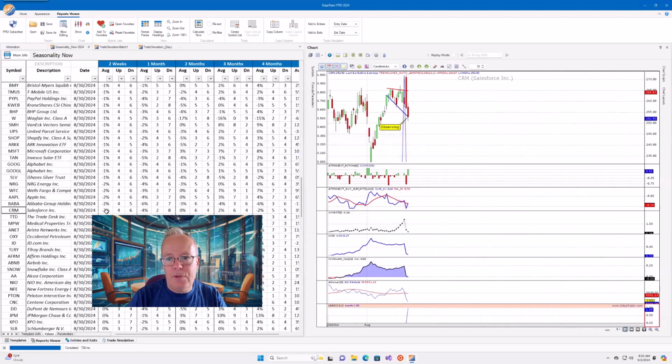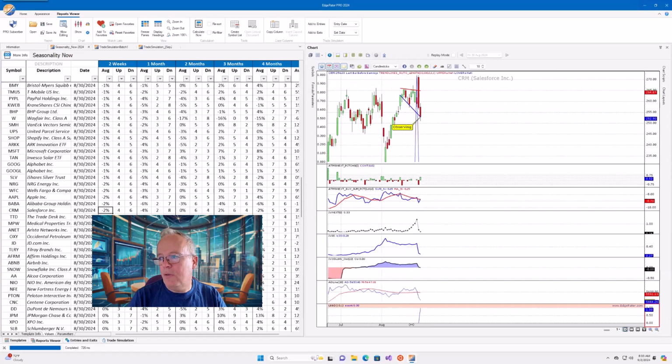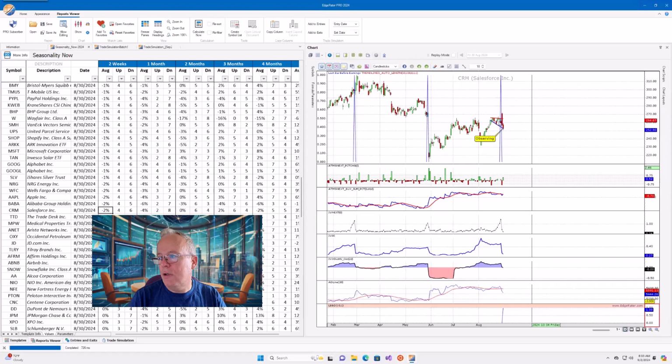Here it is. So CRM is projected. It's had 4 up years in the last 10 and 6 down years and a negative 2% average for the next 2 weeks. Looks like it's just had earnings and is trading lower since earnings. So that's CRM.